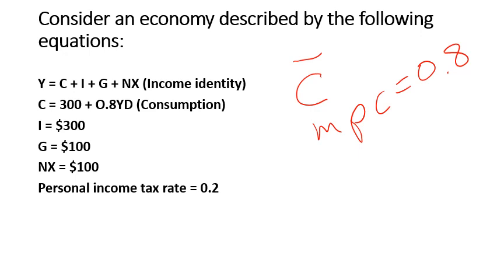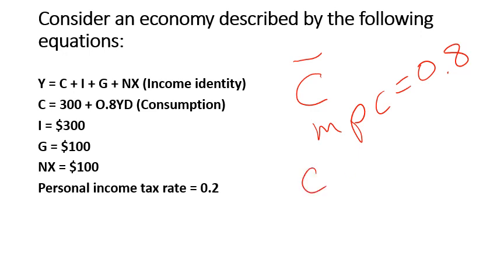How much out of that dollar will the household consume? In our case, it'll consume 80 cents or 80% of the dollar, and it will save the rest. So if MPC is equal to 0.8, then MPS, the marginal propensity to save, out of disposable income will be equal to 0.2.